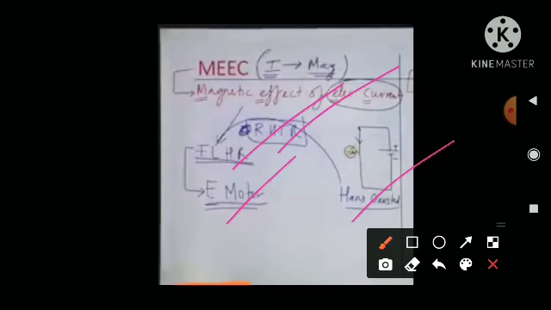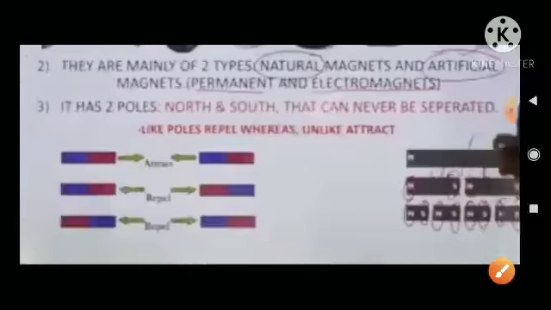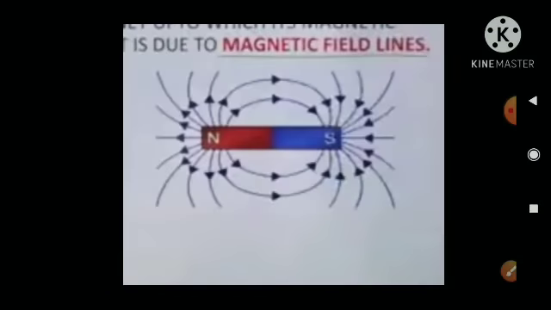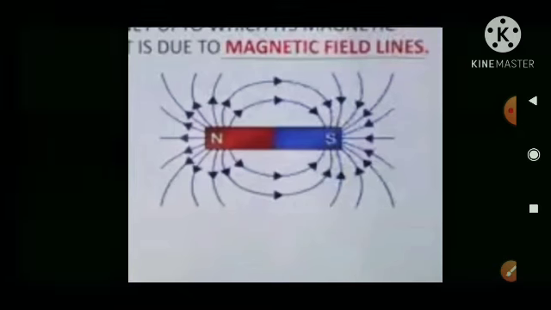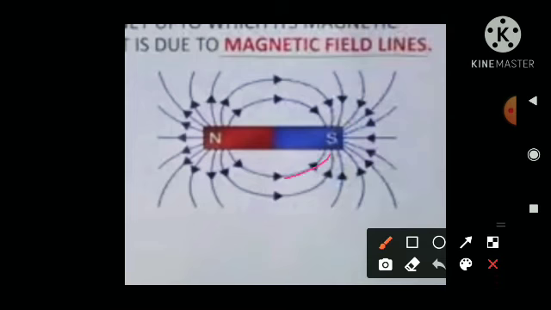He introduced the magnetic effect of electric current to the world. So we already discussed the magnetic field. The magnetic field is formed by lines, so we can say magnetic field lines.